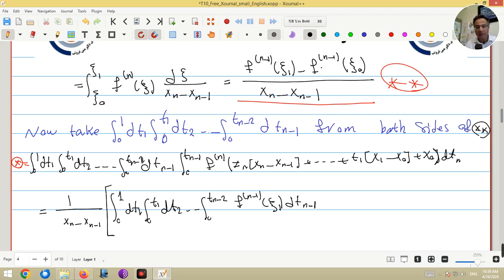Split this into two integrals: 0 to 1 dt1, 0 to t1 dt2, and continue 0 to tn minus 2 of fn minus 1 at xi 2, dtn minus 2, and let me close the integral.